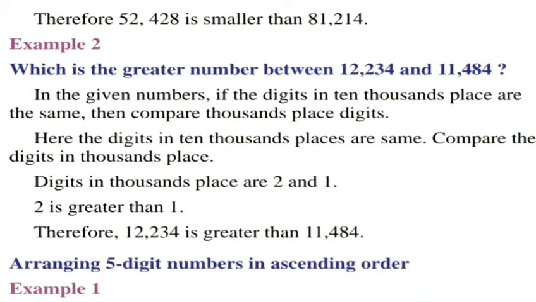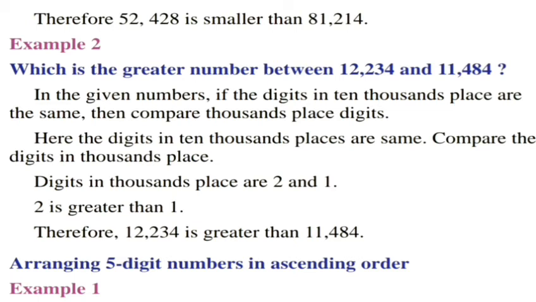The next example, which is the greater number between 12,234 and 11,484? In the given numbers, if the digits in the 10,000s place are the same, then compare thousands place digits. Here the digits in the 10,000s place are the same. Compare the digits in the 1000s place.